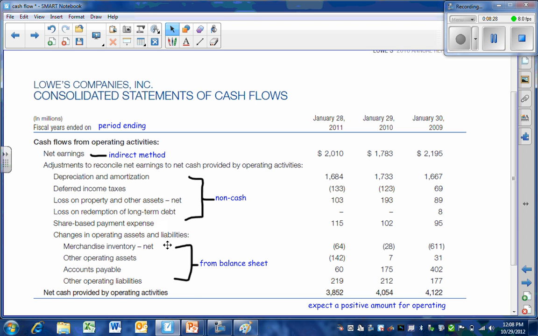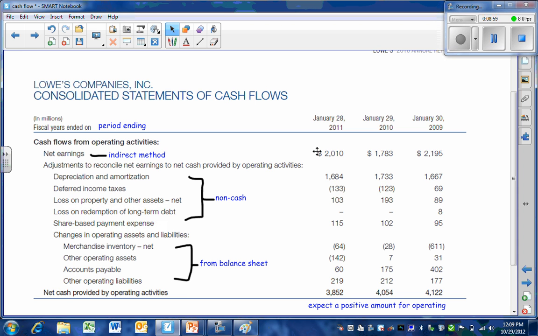And the next is the changes in operating assets and liabilities. These come from the balance sheet, and as we'll see in ACC 411, when we have changes in these accounts, depending on whether they're an asset or a liability, whether the account balance is increasing or decreasing, that is going to be an adjustment that'll take us from net income to the cash provided by operating activities.